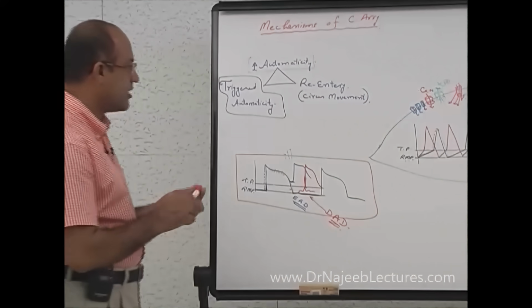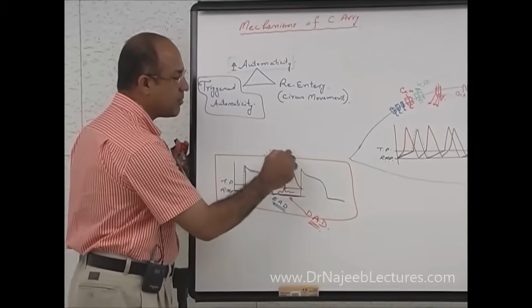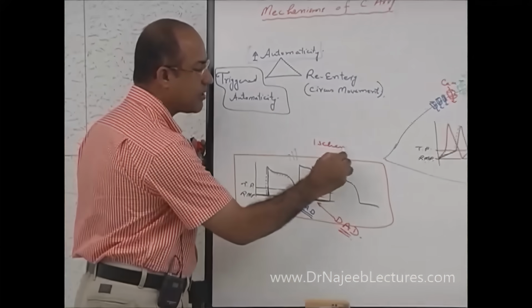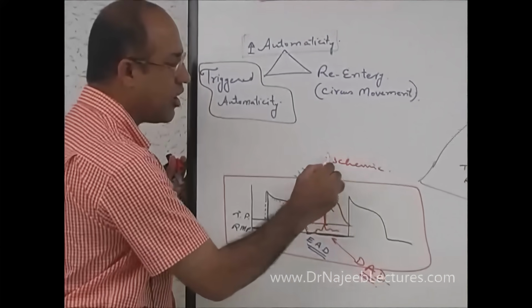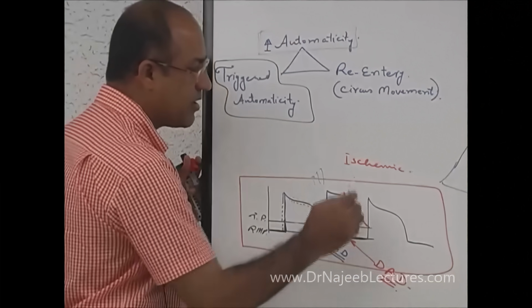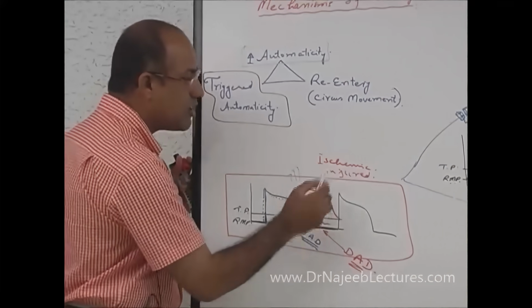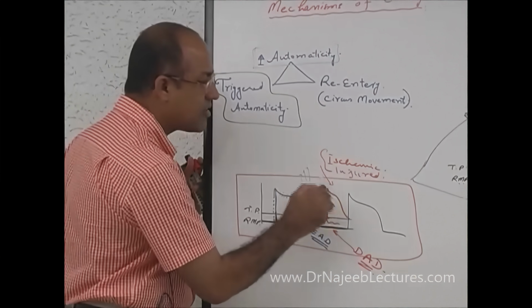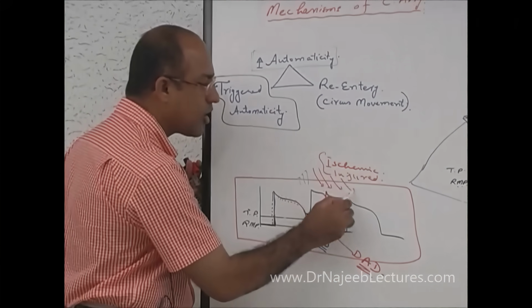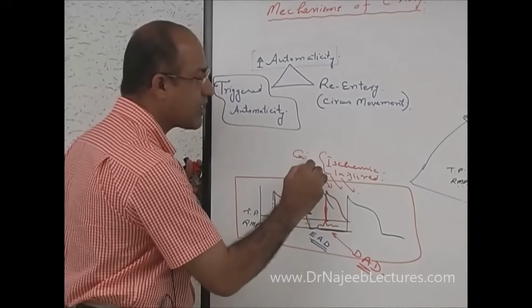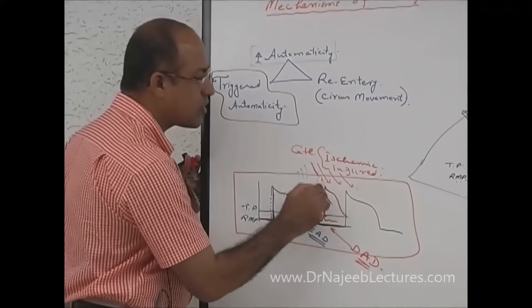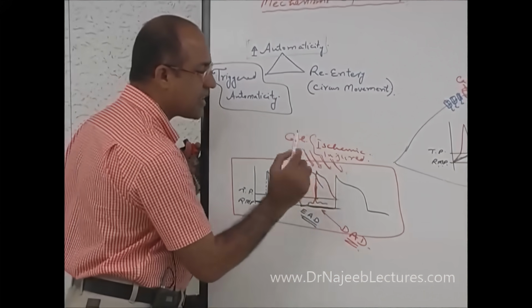Again, what are the mechanisms which can produce delayed afterdepolarization? If myocardial cells become ischemic, or these cells become injured, the membranes become injured, or due to any reason these cells load a lot of cations, for example catecholamines. Catecholamines can lead to loading of cations.